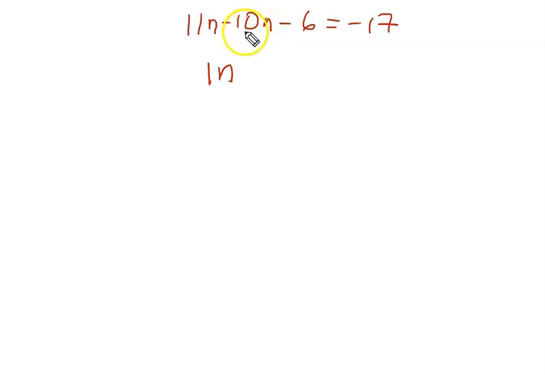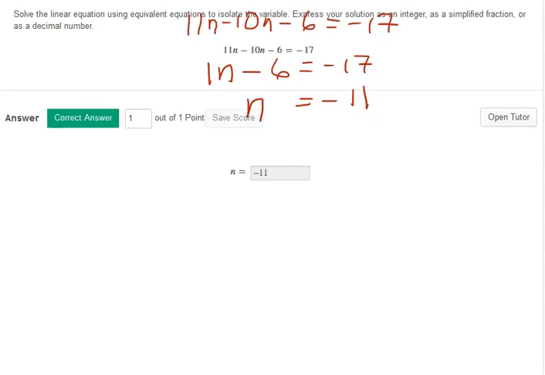That's okay. But remember, we don't write 1 in our answers if it's just one n. So n minus 6 equals a negative 17. So n, now transpose the negative 6 to this side, becomes a positive 6, and a negative 17 plus 6 is a negative 11. And then going back, there is our answer, and this winds up our practice test.